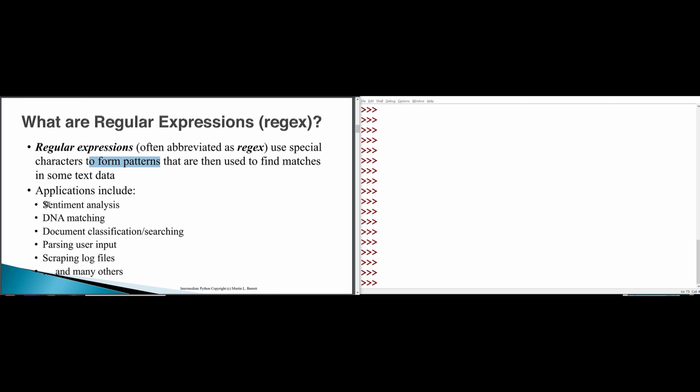For example, if you're reviewing news articles or Twitter tweets or what have you, you can do sentiment analysis by analyzing the text for various words or patterns. You might use it for something like DNA matching, classifying or searching within documents, and such similar kinds of things.